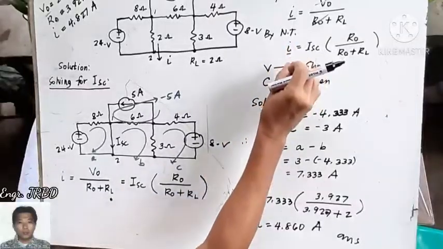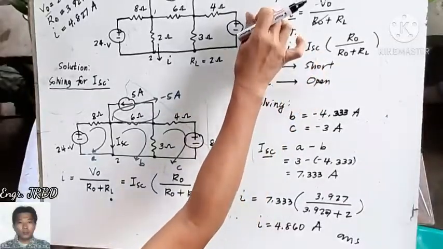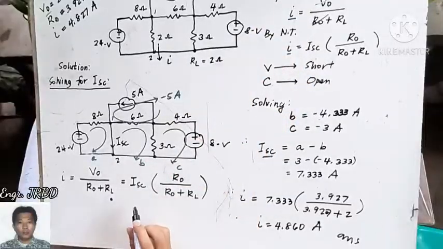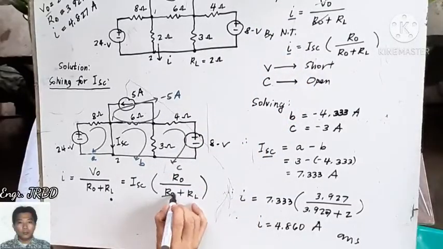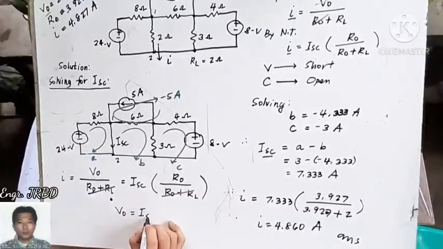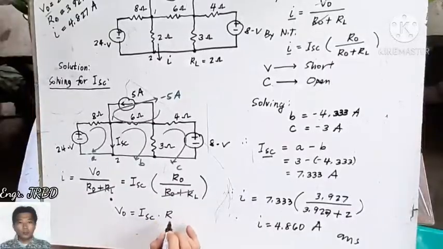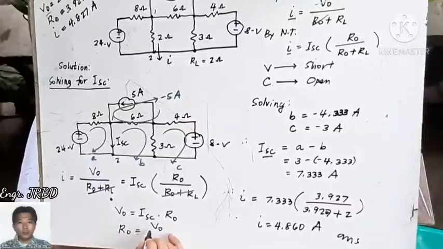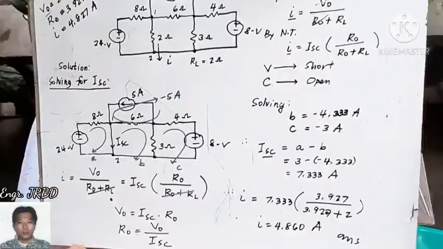That is the reason why we equated your I from Thevenin's to the I from Norton's. Your denominator now will cancel, giving you the relationship between the open circuit voltage and the short circuit current, which is the ratio of the open circuit voltage to the short circuit current is your R sub O.